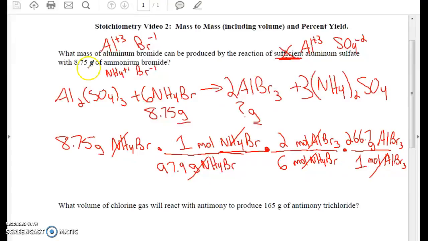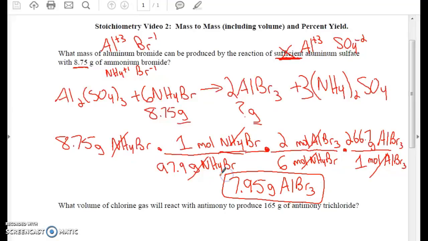But this is 3 significant digits. So we want our answer to be in 3 significant digits. So you get 7.95 grams of aluminum bromide as the answer. All right, that's 3 significant digits.